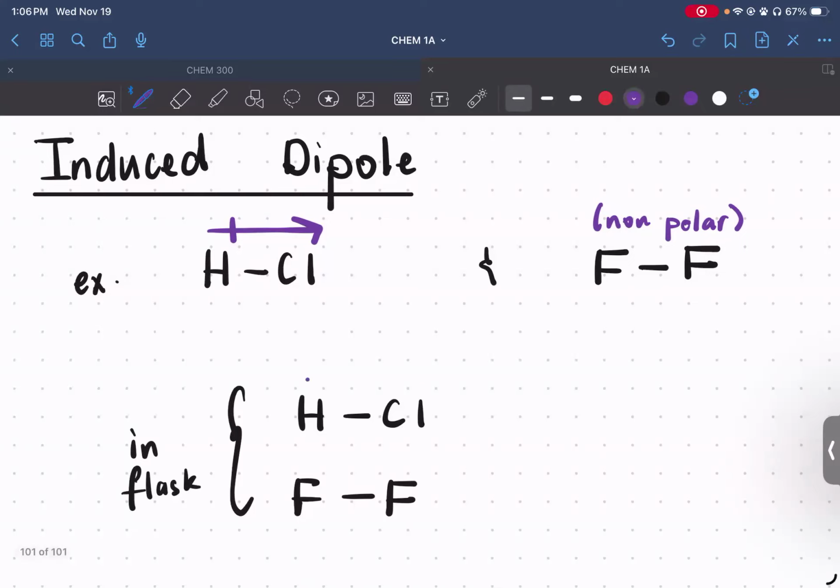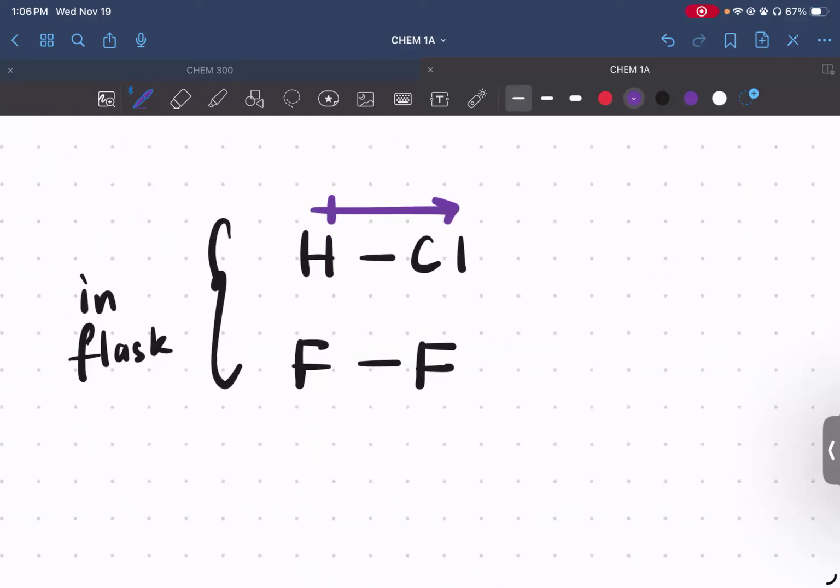We know already that there is a dipole on the hydrogen and the Cl. But guess what happens as a result of that dipole? It induces a dipole moment onto the fluorine atom.